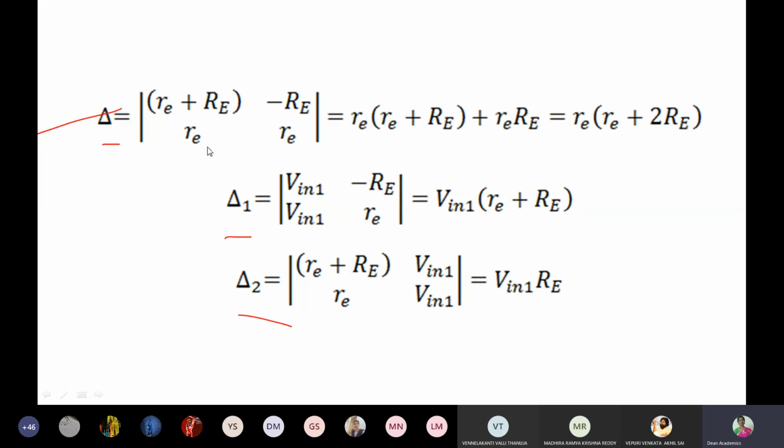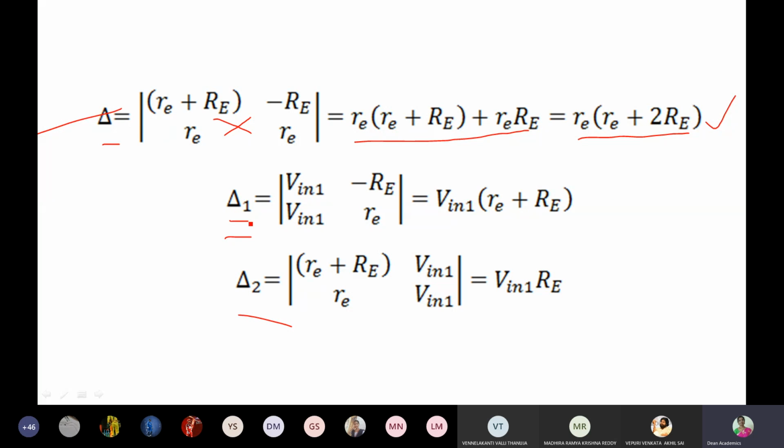So after getting this delta, we do the cross multiplication and write the determinant value here, and finally you expand that and after rearranging you will get this expression: RE into small re plus 2 into capital RE is delta.